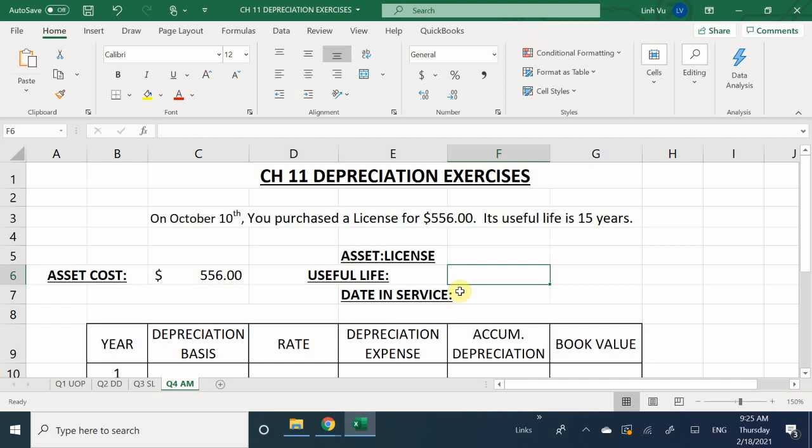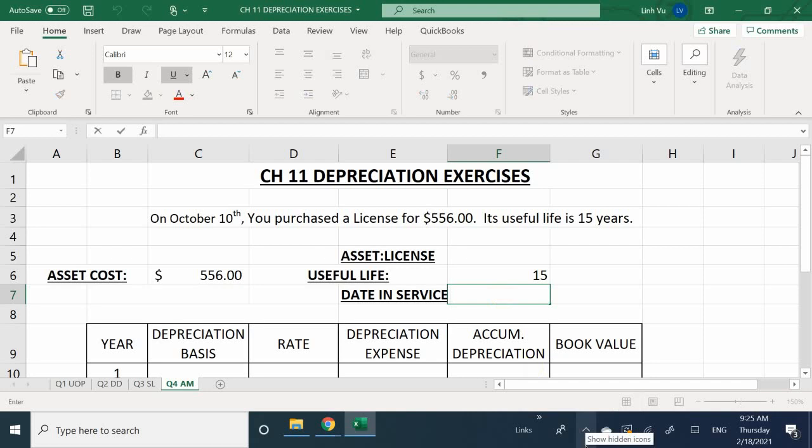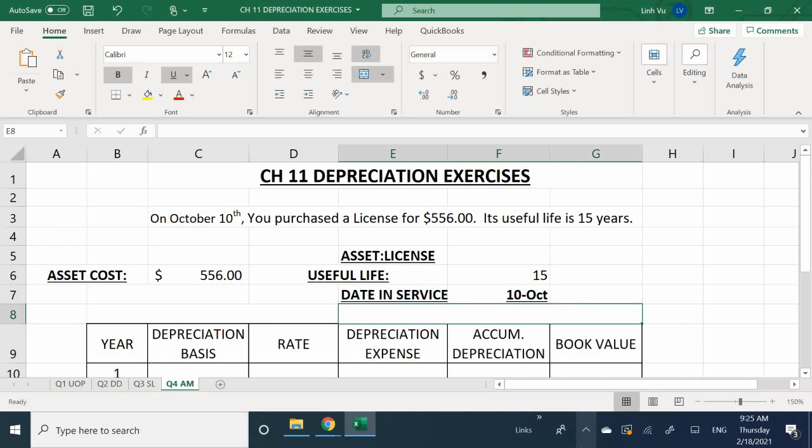All right. So useful life, 10 years. And lastly, when do we place this in service? October 10. The day that you purchase a license is going to be the day that you depreciate it. So we're depreciating it as of the month of October.